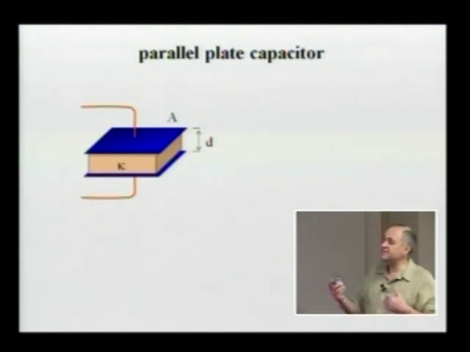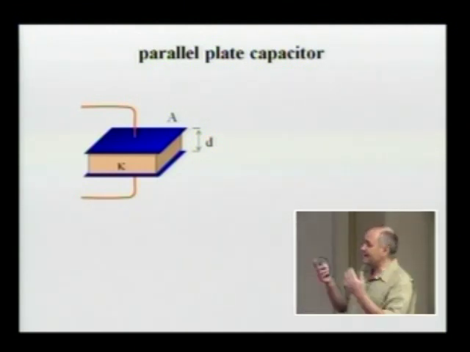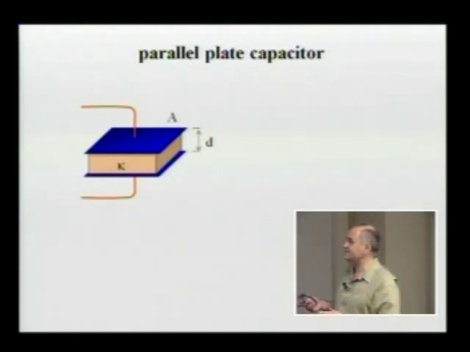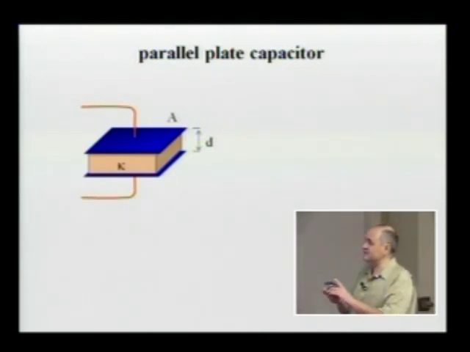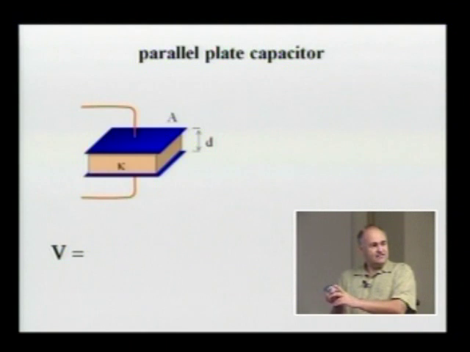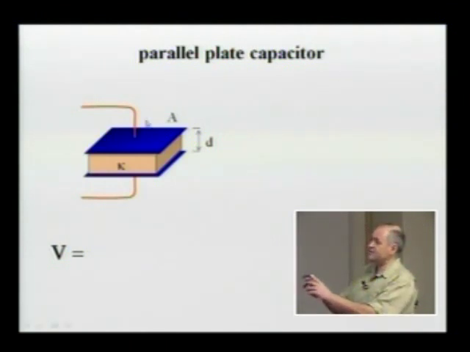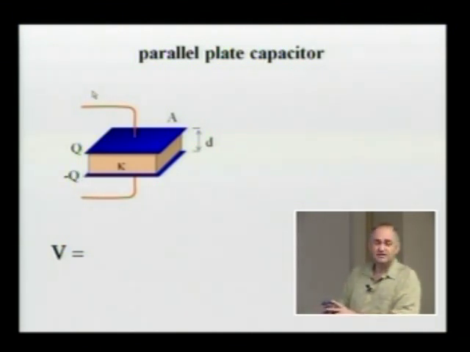In other words, we will find out that capacitance will be determined by these three numbers. All right. Now we have to see if potential difference between one plate and another plate is proportional to charge transferred. So I have now to see if this quantity, potential difference between the plates, is proportional to this charge.